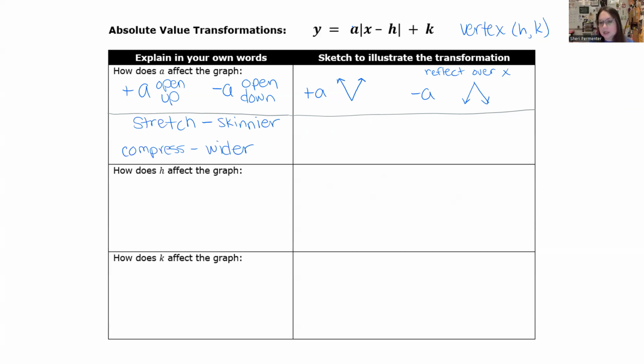So the a value is the slope for the line, the rate of change at the beginning of your graph. And so when this value is greater than 1, you're going to have a skinny graph.